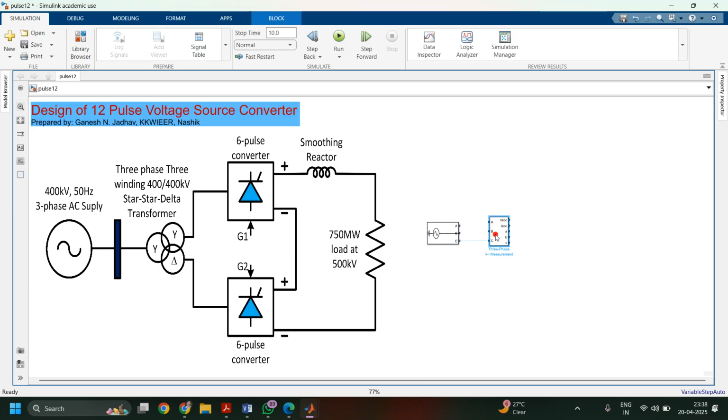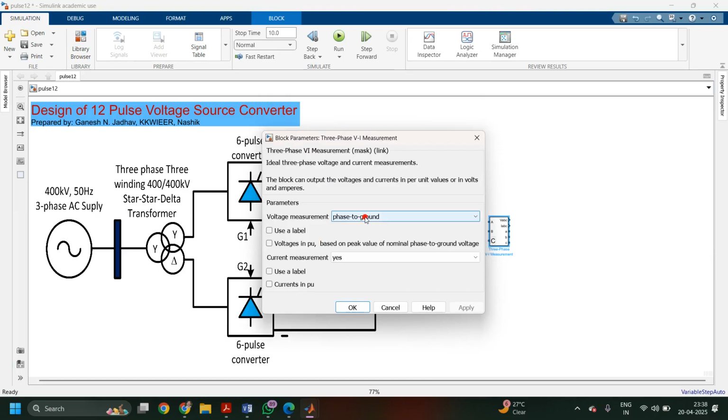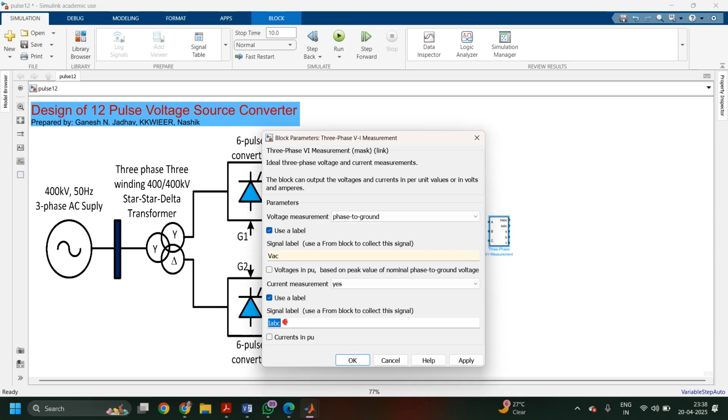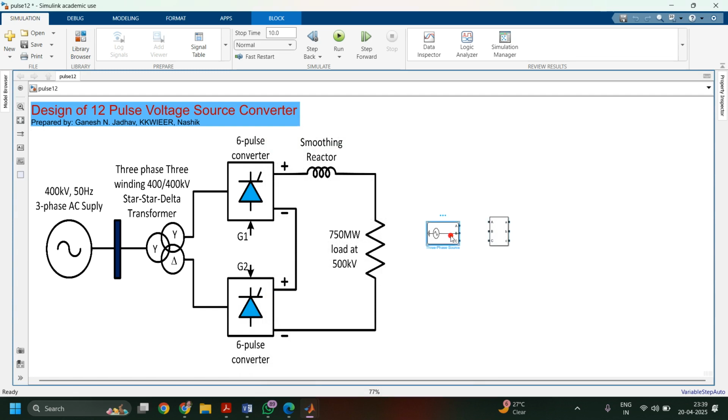Now this voltage source block is to be connected. We need phase to ground voltage, used as a label. This is AC side voltage, so I will give this name as VAC. And this current measurement I will use for AC side current, so IAC. Apply. Okay, now this three phase input is connected to the measurement block.